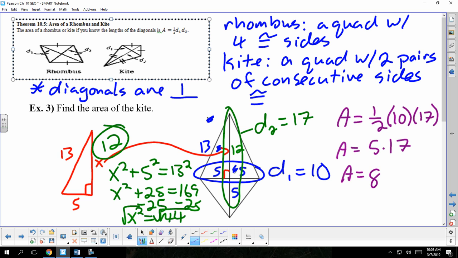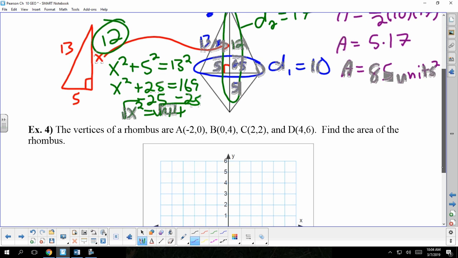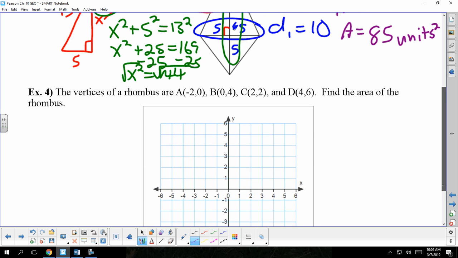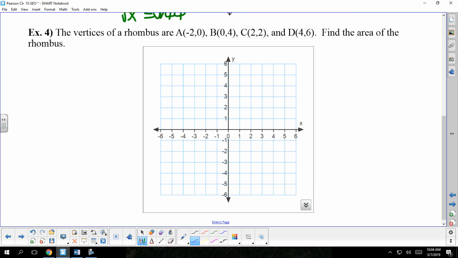And am I given units? No, so I'm going to say units squared. Fairly straightforward. Questions on that?